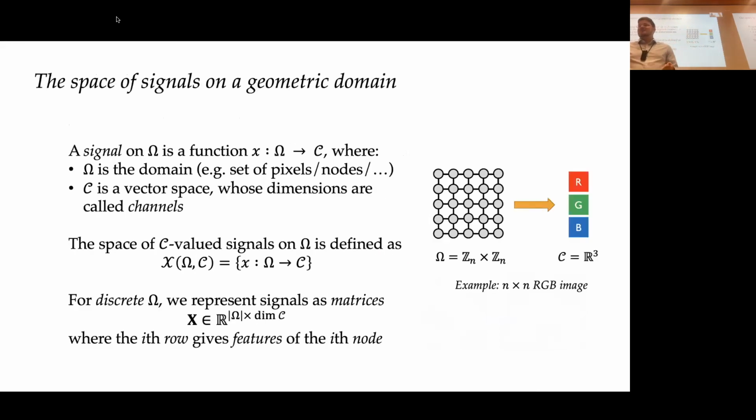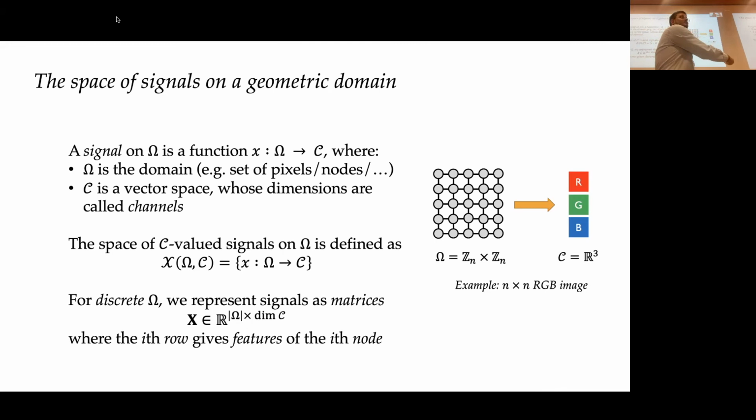The general idea is you mathematically define some space Omega on which your data lives, and the feature space C of that data. So say here for images, Omega could be the set of all pixels in that image, and C could be three-dimensional real values, so red, green, and blue, right? And then you can define a space of all functions X that take points in the domain and give you the features, but usually features will be discrete, so we don't have to deal with functions.